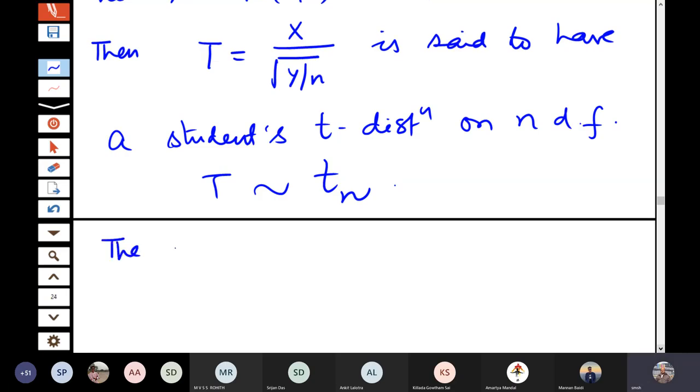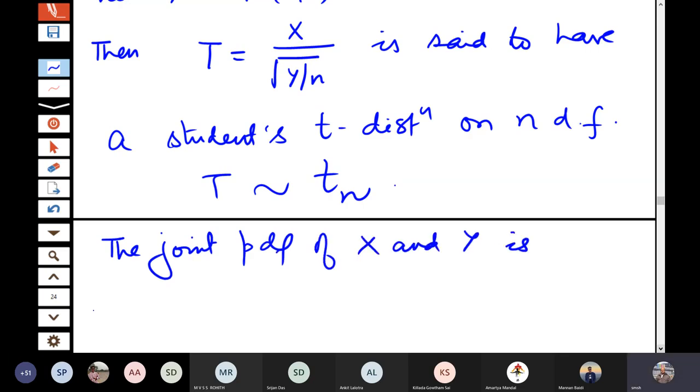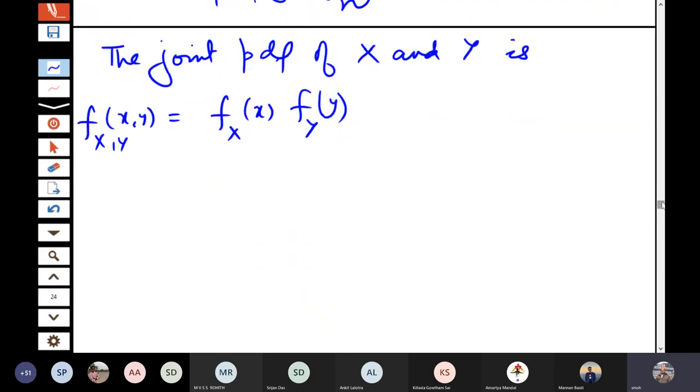You write the joint PDF of x and y, so that is f(x,y), that is the product of the individual distributions because of the independence. So here you can actually see the usage of independence that allows you to write down a lot of things, because if we don't have the independence, then there is no way of writing down the joint distribution.